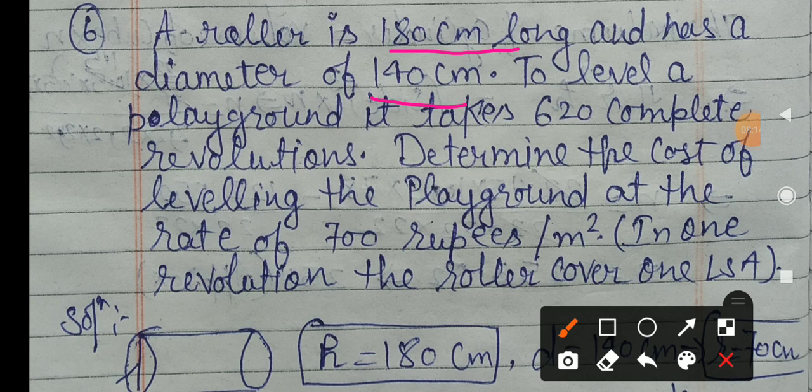Here one thing it also says that in one revolution, that means in one rotation, it takes one LSA. So first of all you have to find the LSA, that is the lateral surface area or curved surface area, and then after you have to find the cost. So I will explain how to find the cost with this question.